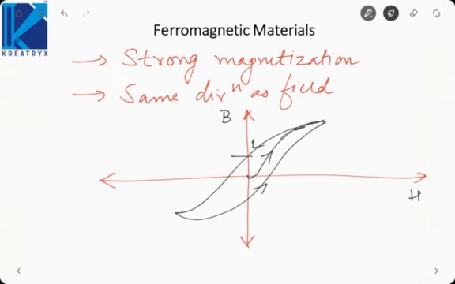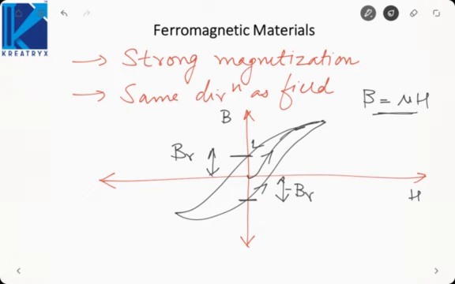Now if you see, generally we say B is equal to mu H. That means if H is 0, then magnetic flux density should also be 0. But if you see here, when H is 0, it has a residual magnetic flux density Br, and here also it is, let us say, minus Br.